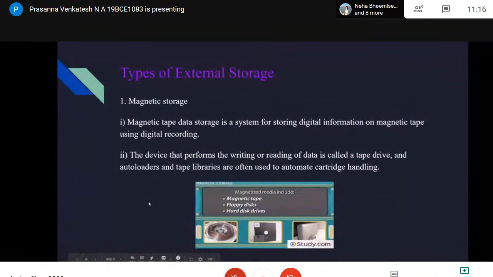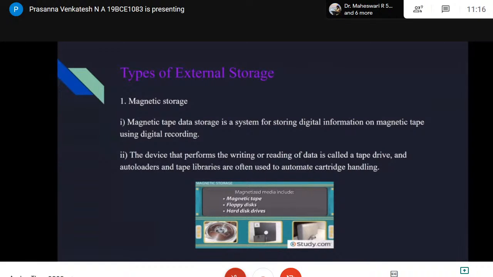Now I'm going to explain the different types of external storage system. One is magnetic storage, second is optical, and third is flash memory devices. Now we are going to see the magnetic storage system. As the name suggests, the magnetic storage system uses magnetic tape for digital recording, and it stores the information on the tape.